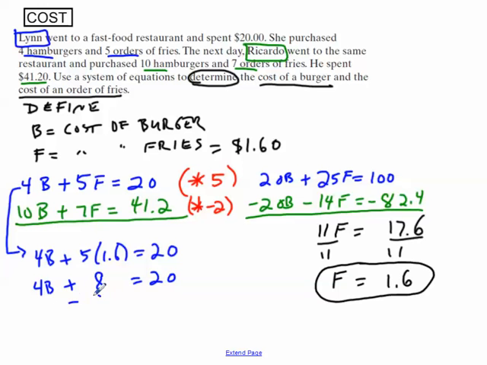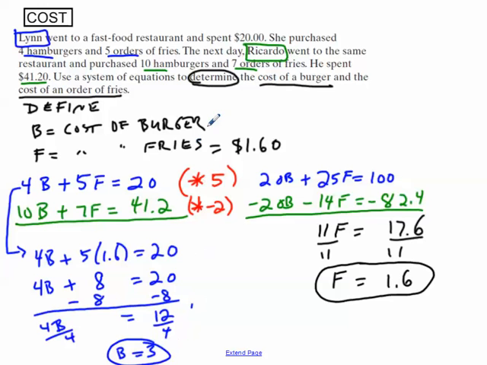Subtract 8, and I've got 4b equals 12. Divide by 4, and b equals 3. So there's my solution. B is $3.